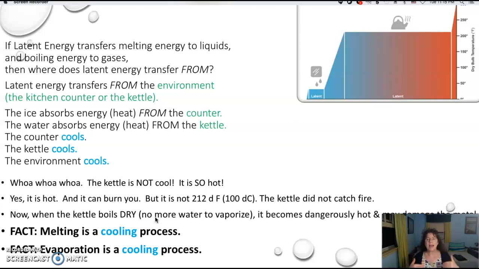So that's a fact that melting is a cooling process, and conversely, evaporation is a cooling process as well. It is cooling to the environment that is delivering the energy into the system. Keep that in mind, and let's keep going.